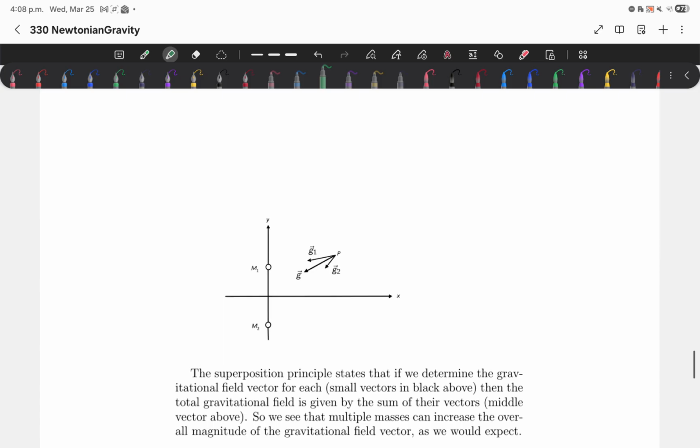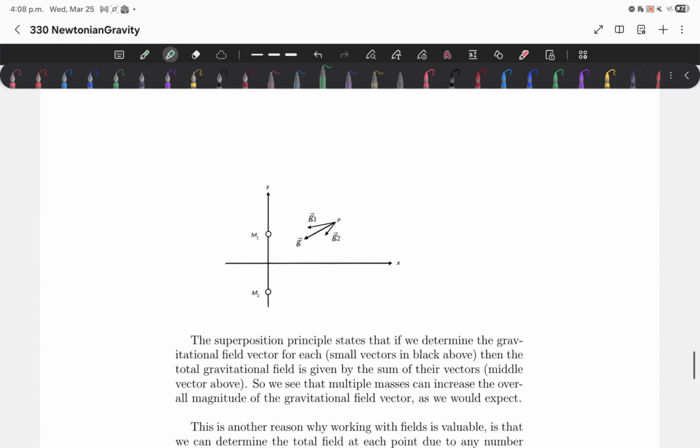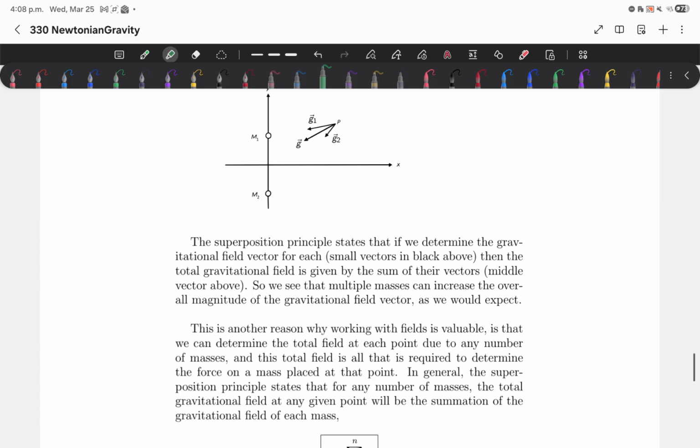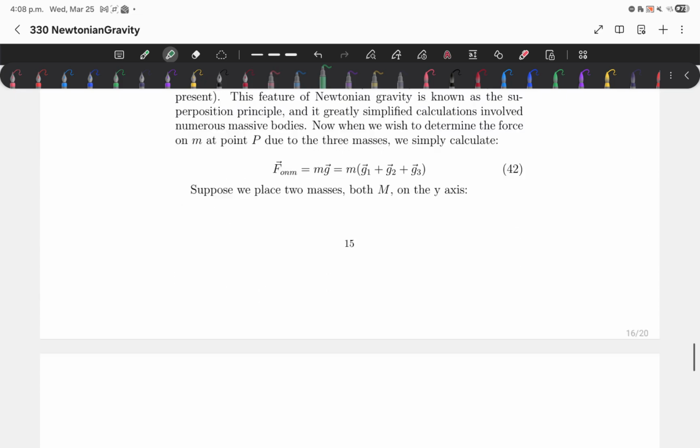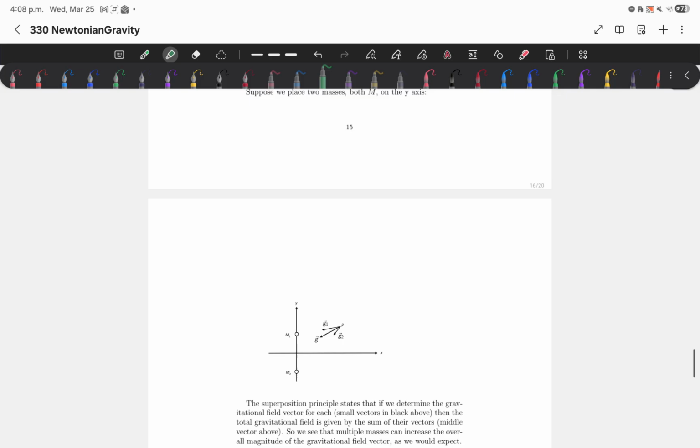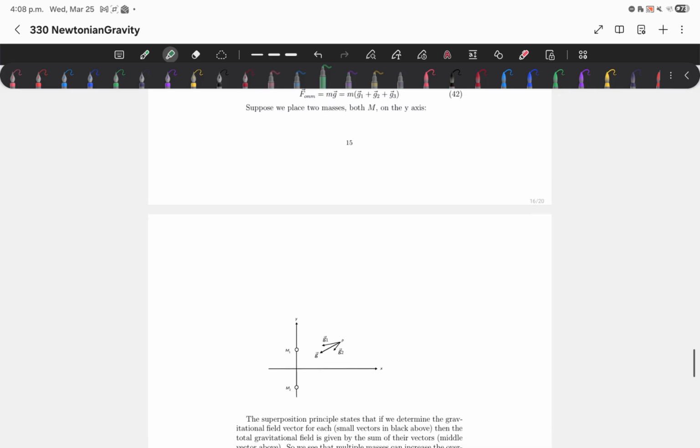Well, we know at some point P over here, there's going to be a gravitational field vector to the first mass, a gravitational field vector to the second mass. The total gravitational field vector here at point P is going to be the sum of those two vectors. We had G1 and G2, we get the total G vector.